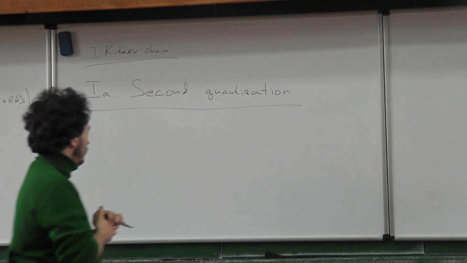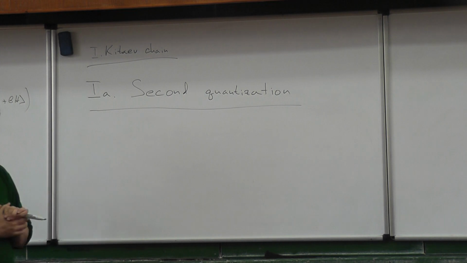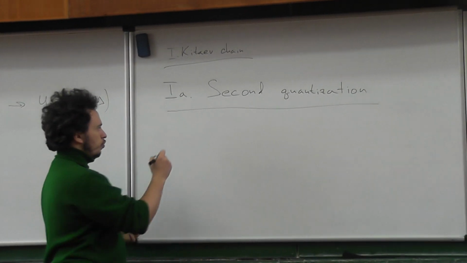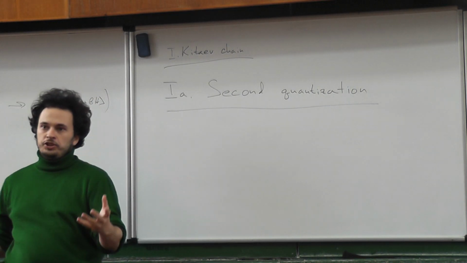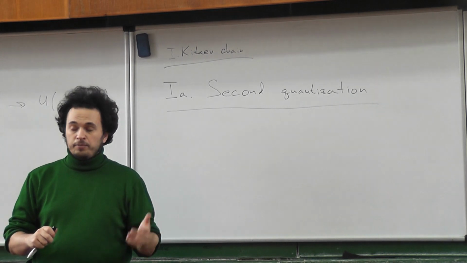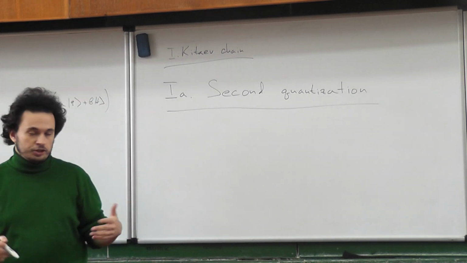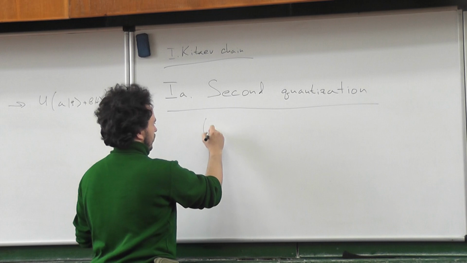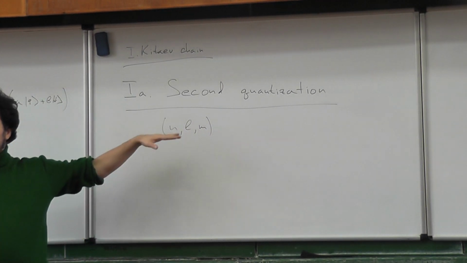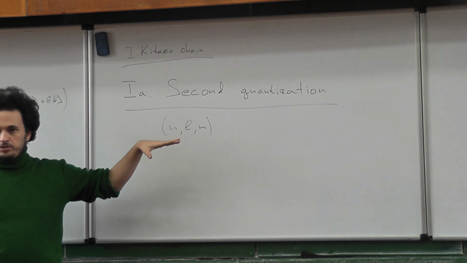So, the basis of second quantization is that, suppose I have a quantum system. I have some orbitals. Say I have hydrogen atom level n, orbital angular momentum L, angular momentum projection m, some multi-index that parameterizes orbitals.